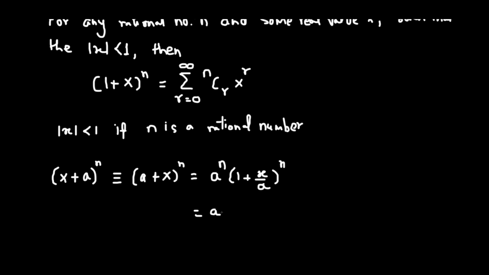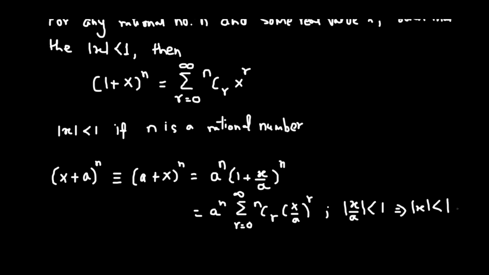This will be equal to a^n times the summation r going from 0 to infinity of nCr (x over a) raised to the power r, and the absolute value of x over a must be less than 1, or you can say the absolute value of x must be less than the absolute value of a.